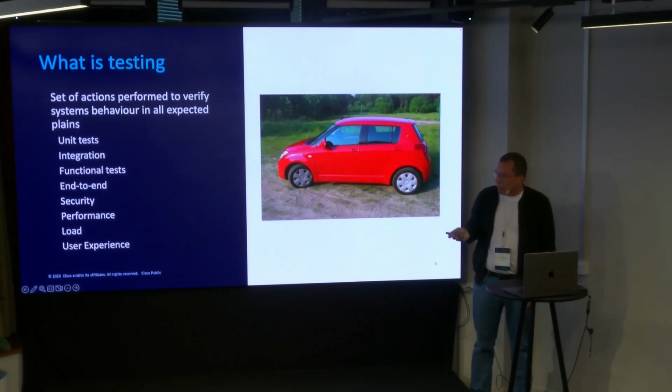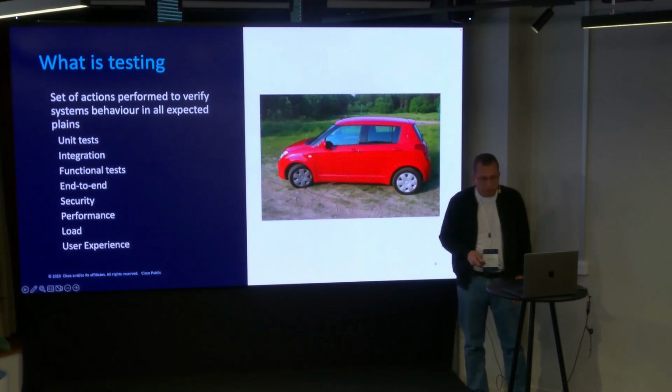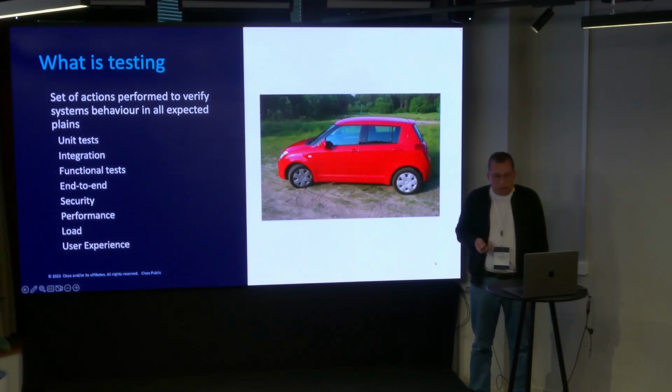All those sections can also be applied to software. Unit tests, of course: we check if each part of the software we deliver works. Integration: if it works with the other sections. Functional: if it fits the purpose, if the software gives you the functions that you expect.